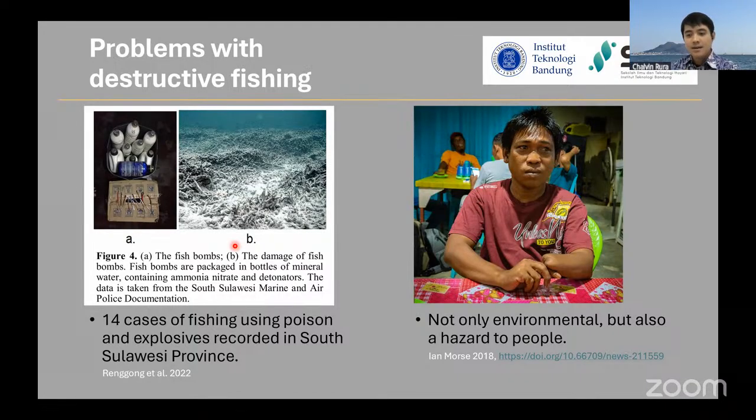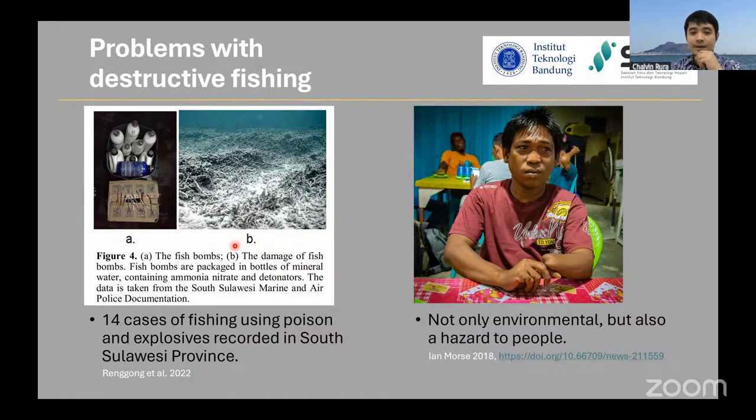Using cyanide is a bit foolish because it can accumulate in the fish you're trying to catch, and it becomes hazardous to the people who buy the fish, because it's already contaminated with cyanide.